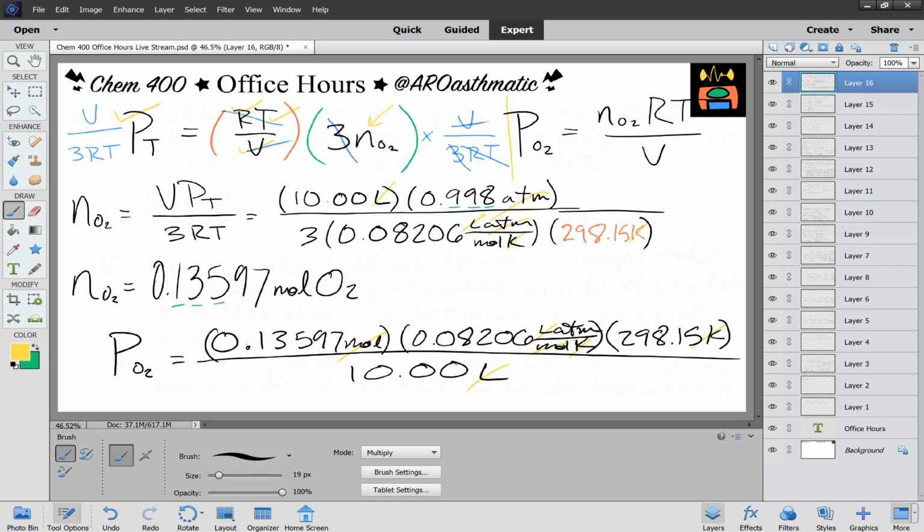So we have our moles of O2 times 0.08206 times 298.15 divided by 10.